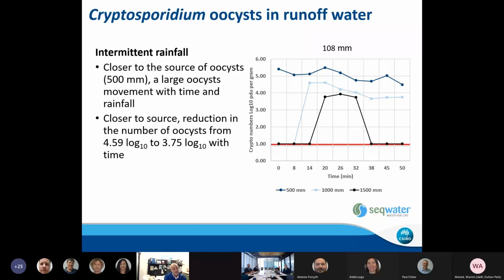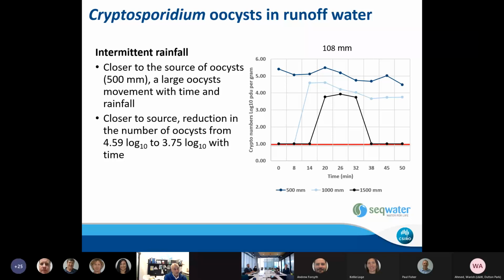At 500 mm distance, we regularly collected over the duration of the experiment, which was 50 minutes. Every 10 minutes or less than 10 minutes, we were sampling. So we regularly saw Cryptosporidium presence. Over time it does reduce during the duration of 50 minutes, but it was a constant slow bleed.